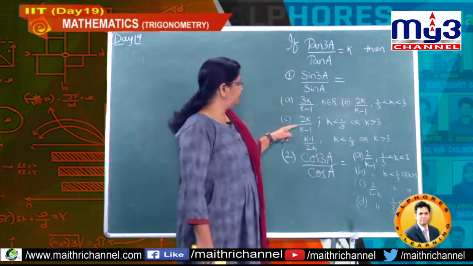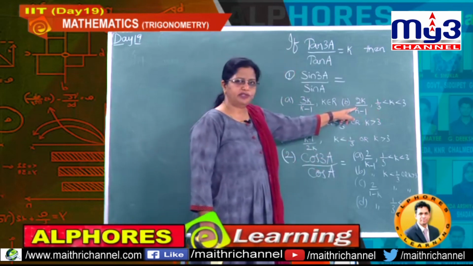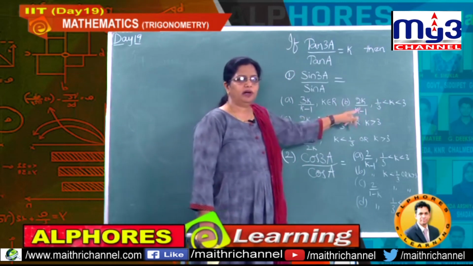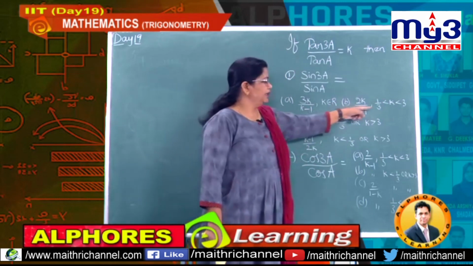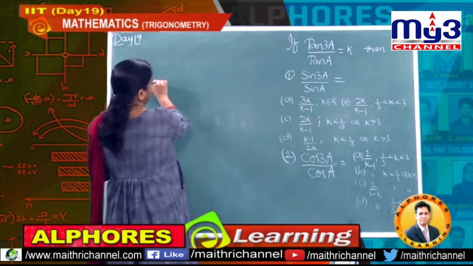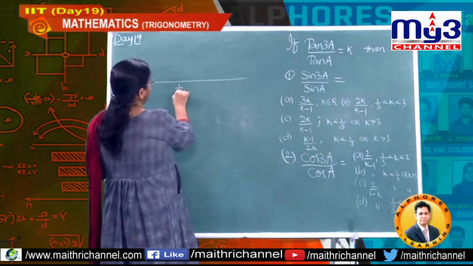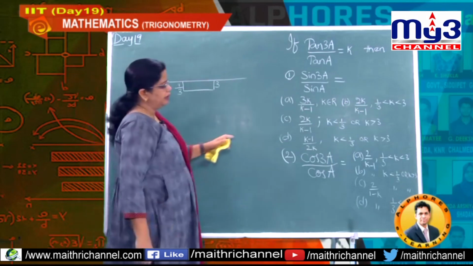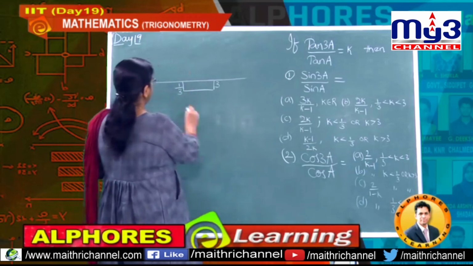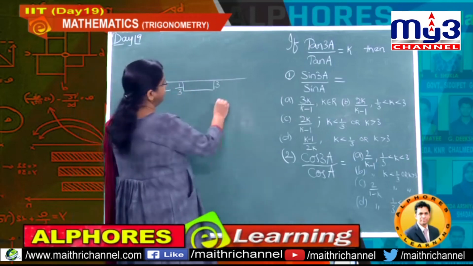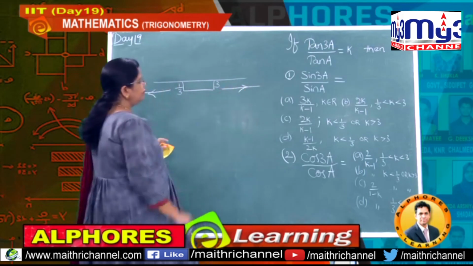And the next option has the same answer, 2k by k minus 1, but under what conditions? Exactly opposite, understand. In the previous option k is between 1 by 3 and 3, but here, k is less than 1 by 3 or more than 3.